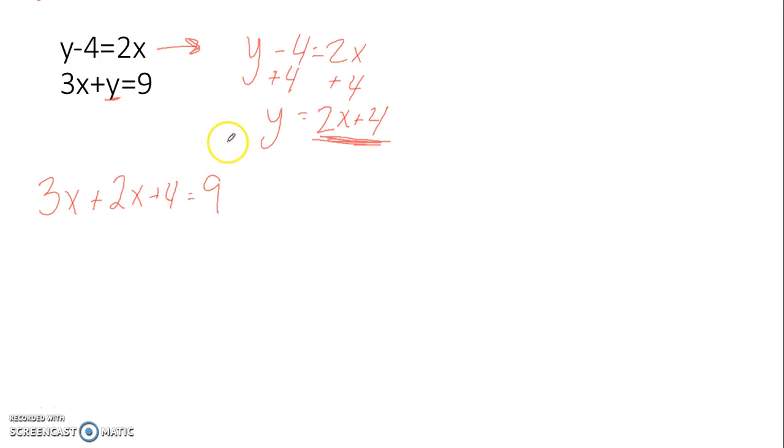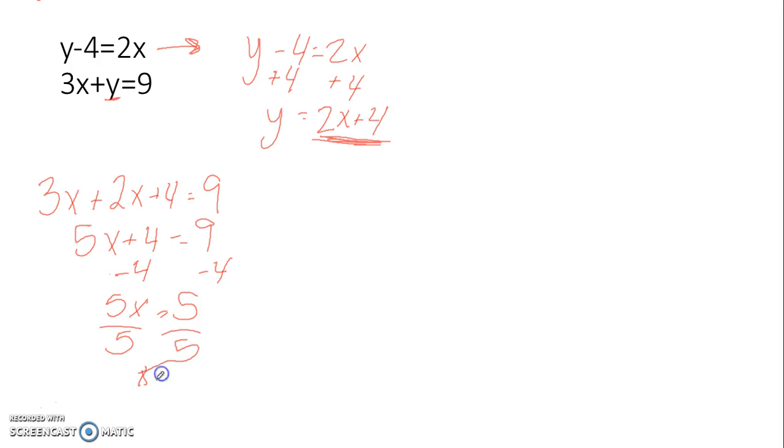Okay? So now we combine like terms. 3x plus 2x is 5x plus 4 is equal to 9. Okay, when we isolate the variable, we need to subtract 4 from both sides. So now we have 5x is equal to 9 minus 4, which is 5. Divide both sides by 5 and we get x is equal to 1.